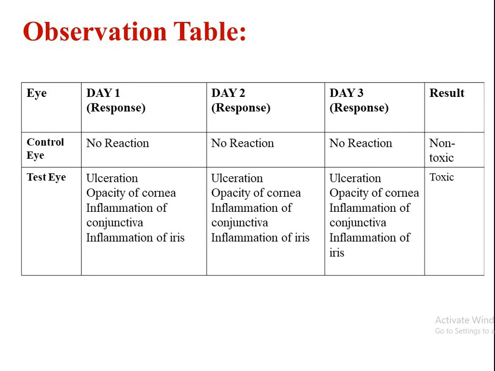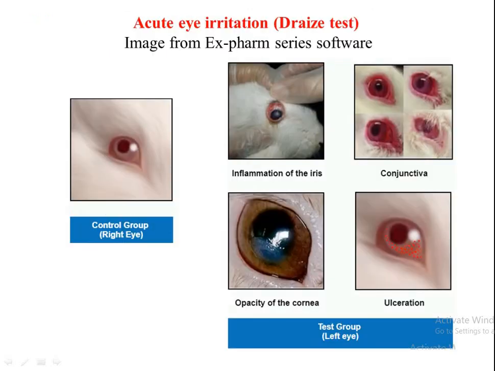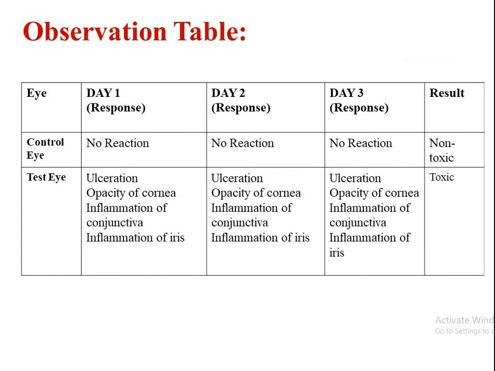So we can say here it is inflammation of iris or inflammation of conjunctiva. In all 3 days continuously after adding the test substance, we can see the lesions in the eye as shown in this diagram.